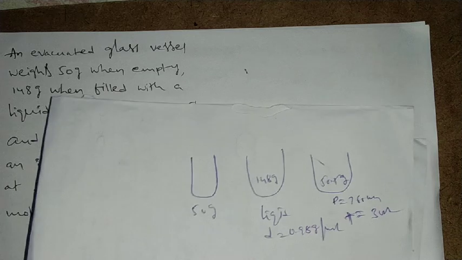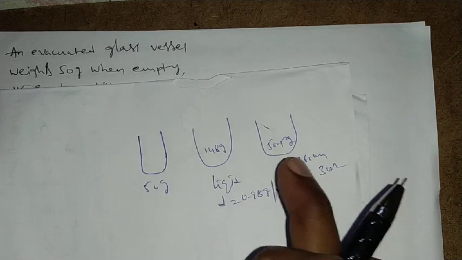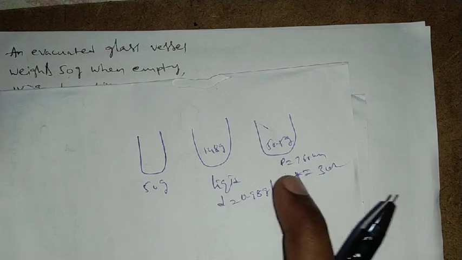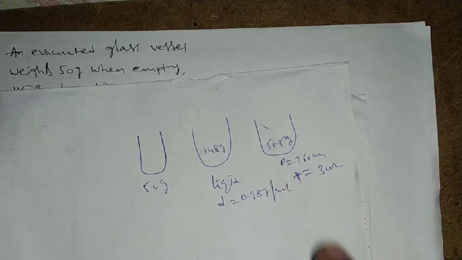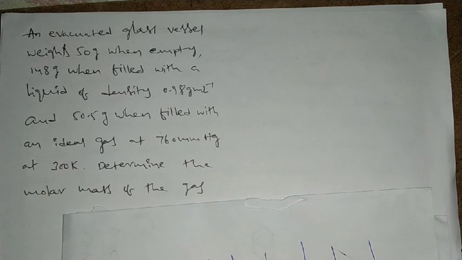Empty vessel, liquid with density, and some mass of the gas with some pressure and temperature given. So here there is a connection. First of all, what is the volume of the gas? If you know the volume of the container, then from the PV equal to nRT formula, you get the molecular weight of the gas.